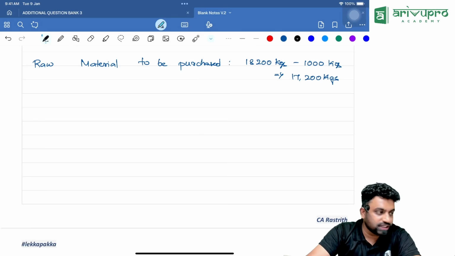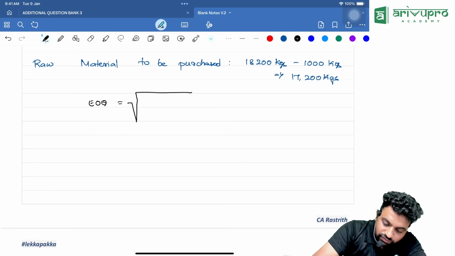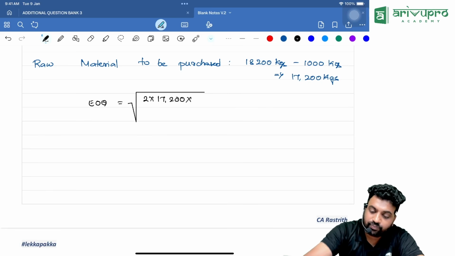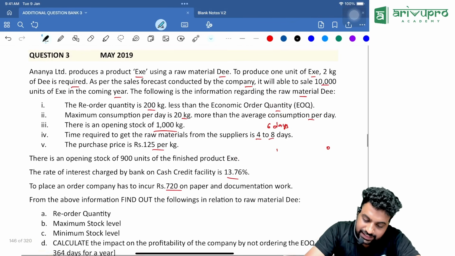Now listen. Sir, you need 18,200, whereas 1,000 is already there in the stock, which means how much you will purchase? 17,200. Now, guys, EOQ is equal to square root of 2 into A. For raw materials, A is 17,200. Remember, O is 720, divided by C. C is carrying cost per unit per annum.